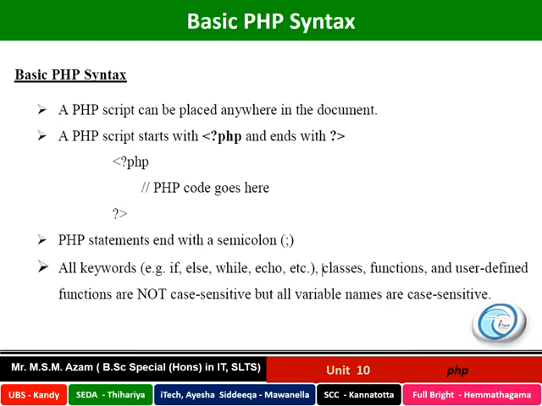Normally, PHP statements end with a semicolon. That's a must. All keywords in PHP language like if, else, while, echo, classes, functions and other user-defined functions are not case sensitive in PHP, but all variable names are case sensitive.